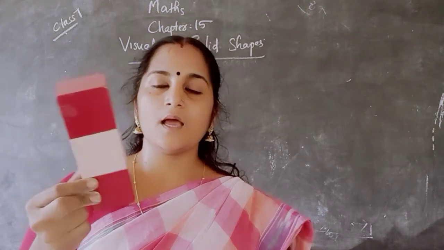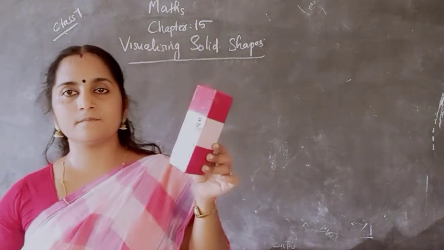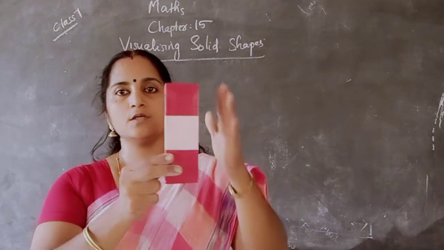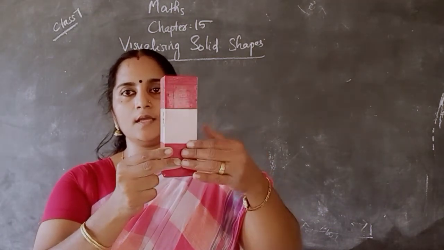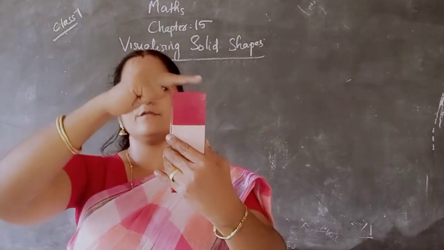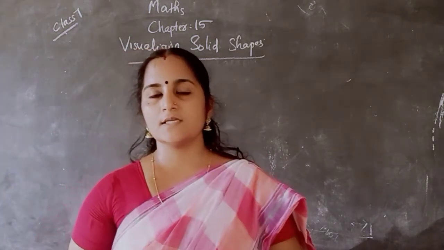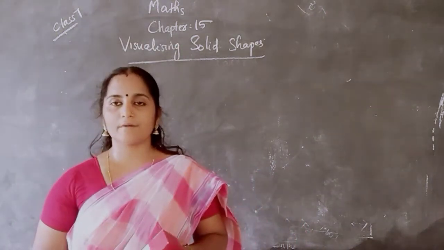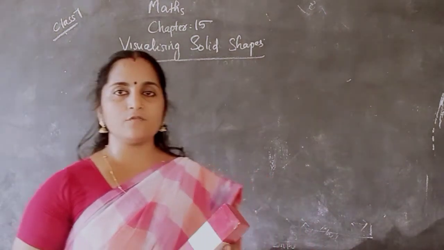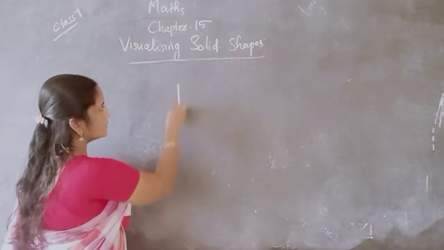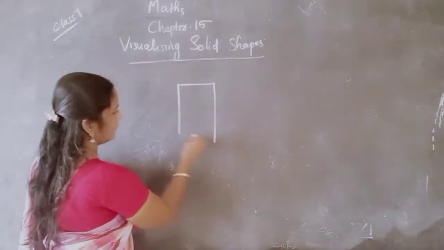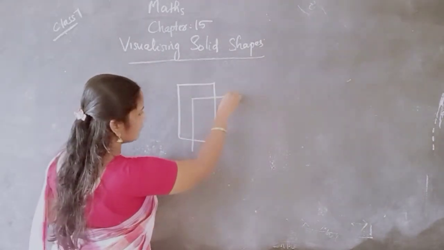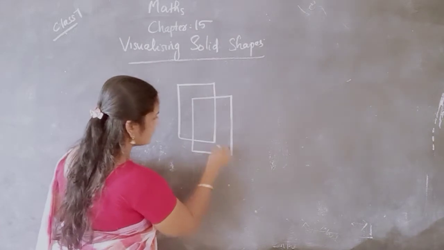Can you say how many faces are there? 1, 2, 3, 4, 5, 6. 6 faces are there, and all are of rectangular shape. So if you picturize this, you get a figure like this. All the faces are of rectangular shape.